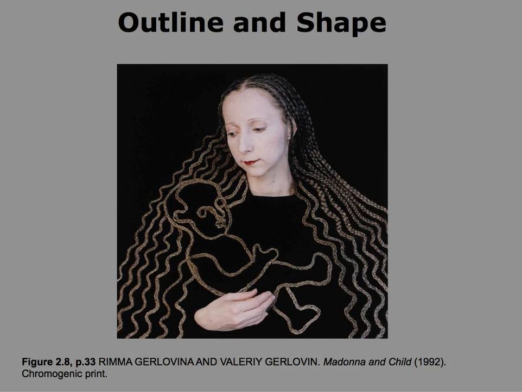So here's an example by Rima Drilovina, where the shape of a child in the image is outlined by a line of braided hair.